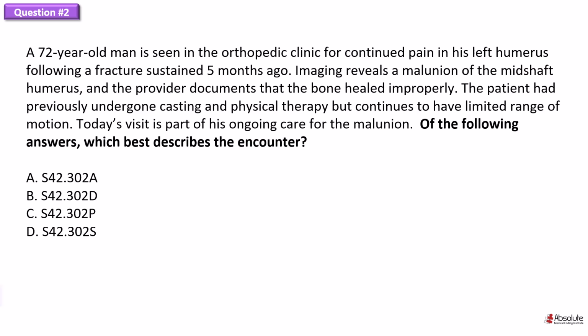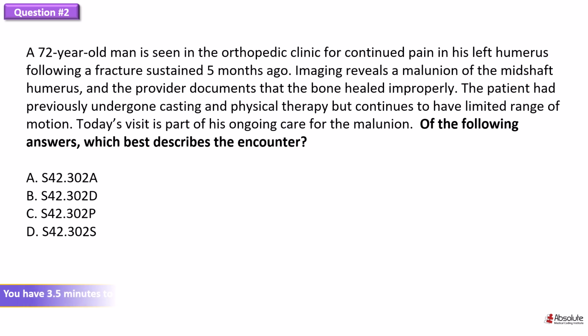Of the following answers, which best describes the encounter? A. S42.302A, B. S42.302D, C. S42.302P, and D. S42.302S. A 72-year-old man is seen in the orthopedic clinic for continued pain in his left humerus following a fracture sustained 5 months ago.